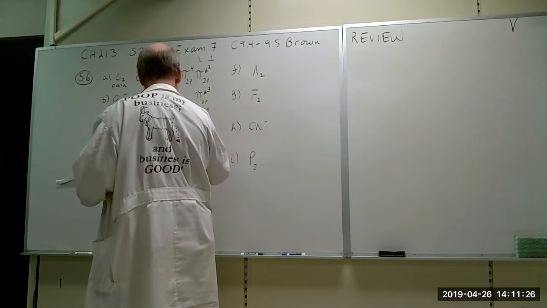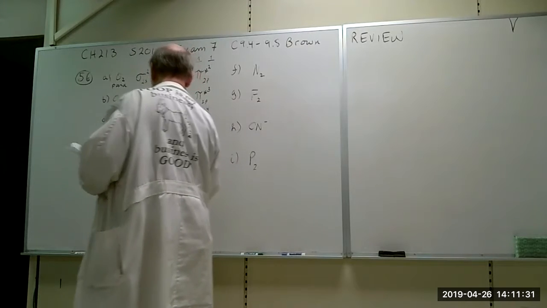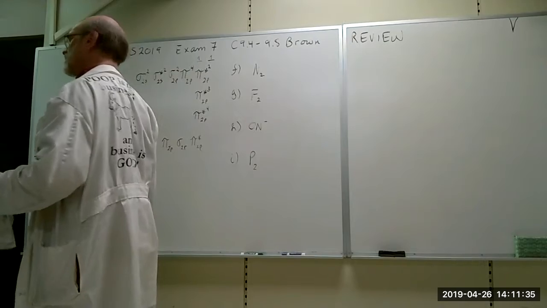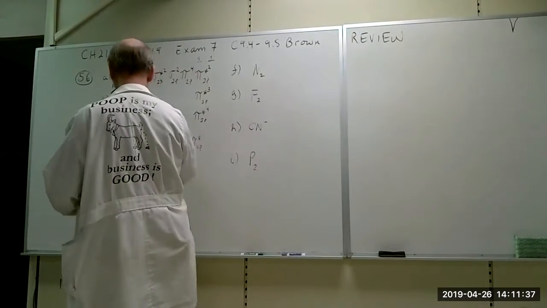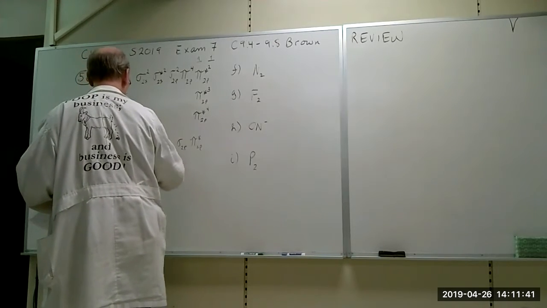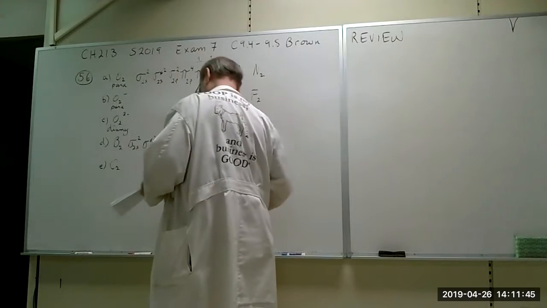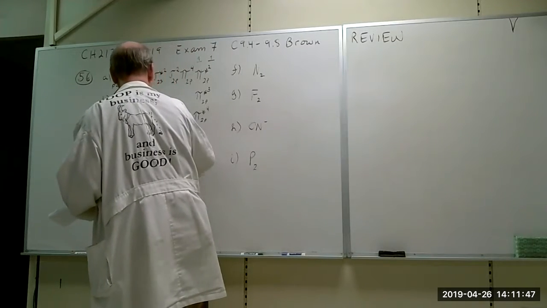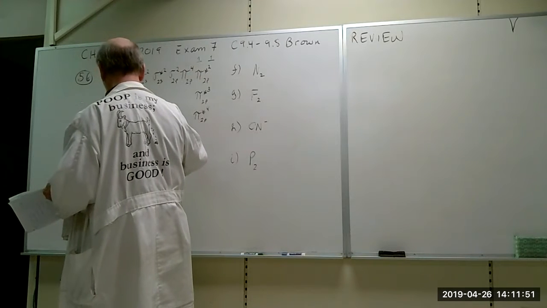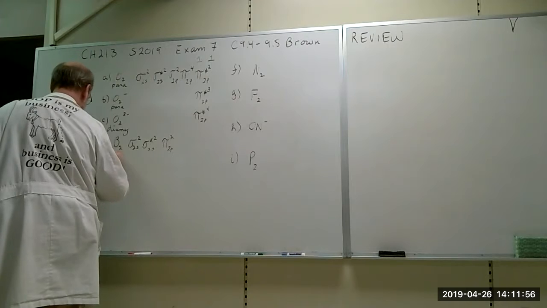Then we're going to have sigma star 2p. Okay, how many boron? 3 each, so we have 6. Okay, we're not going to need those anyway. So we got 2 here, and 2 there. Okay, so we know that these 2 are going to be unpaired. So this is paramagnetic.